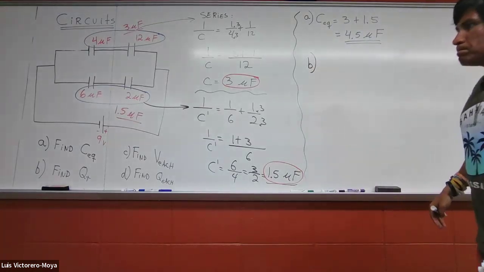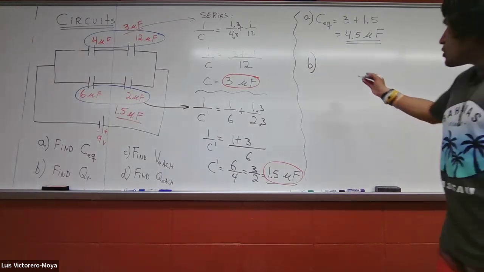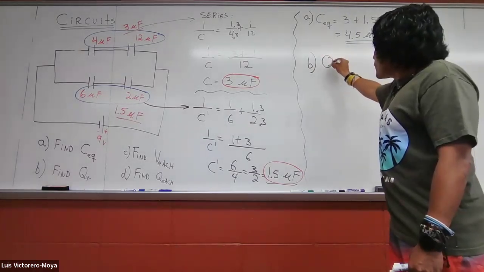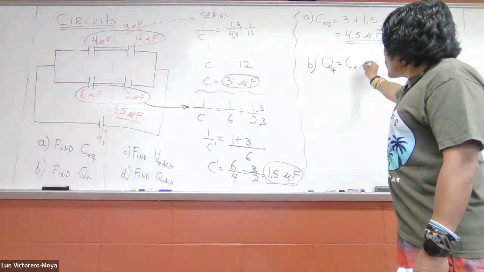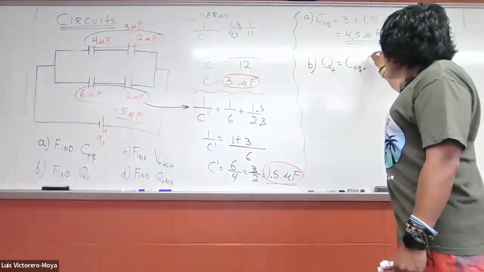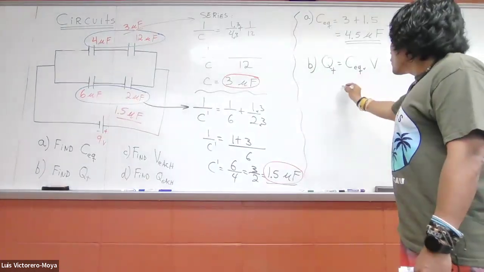Part B. Find the total charge. The total charge in the circuit is C equivalent multiplied by the voltage supply, 9 volts.